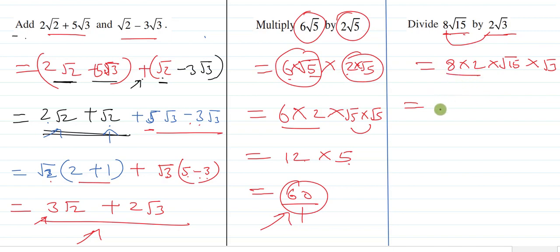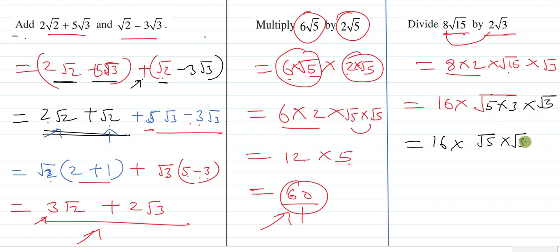So what will be there? 8 into 2, 16. I can write root 15 as root 2 into, 15 can be written as 5 into 3, into root 3, right? I can give this square root to both the numbers, root 5 into root 3, and this one was there, root 3.